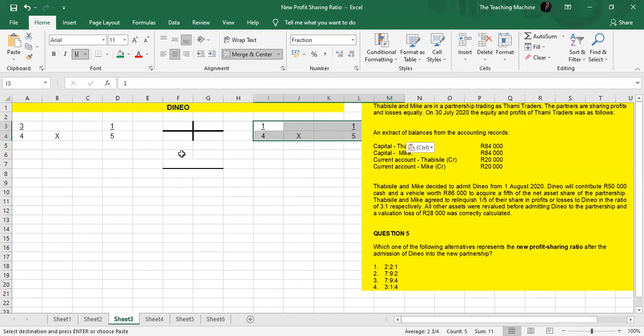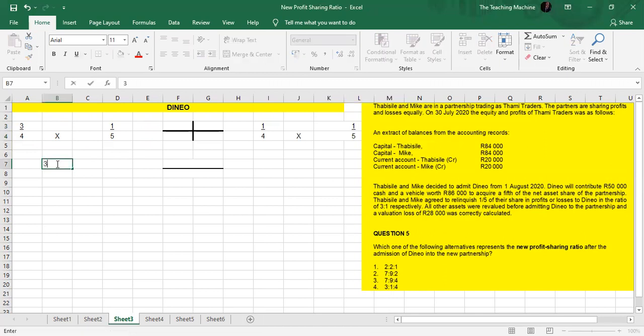Now, 3 times 1, it's going to give me 3. 4 times 5, it's going to give me 20. All right. 1 times 1, it's going to give me 1. 4 times 5, it's going to give me 20.